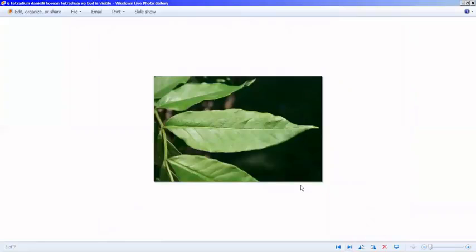And the third one is Tetradium daniellii, or Korean Tetradium. Unlike the other two, the bud is visible. And this is yet another ash lookalike. It can be distinguished by the wavy leaves as well, but the biggest distinguishing feature is the appearance of the bud.